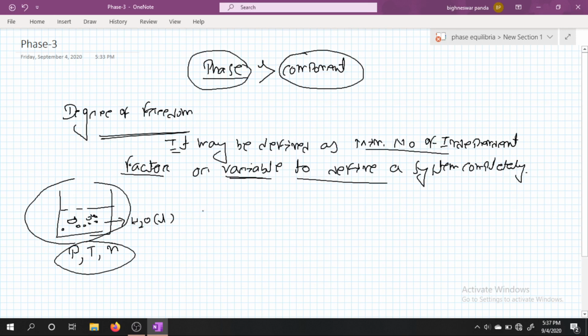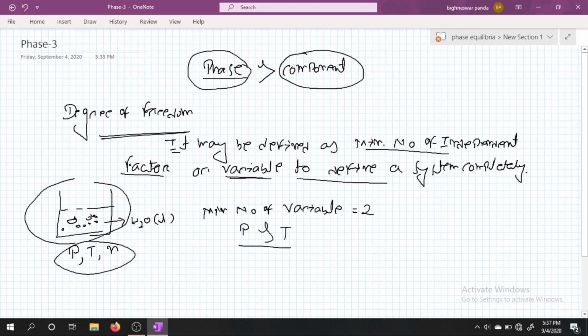The minimum number of variables is equal to 2, that is pressure and temperature.